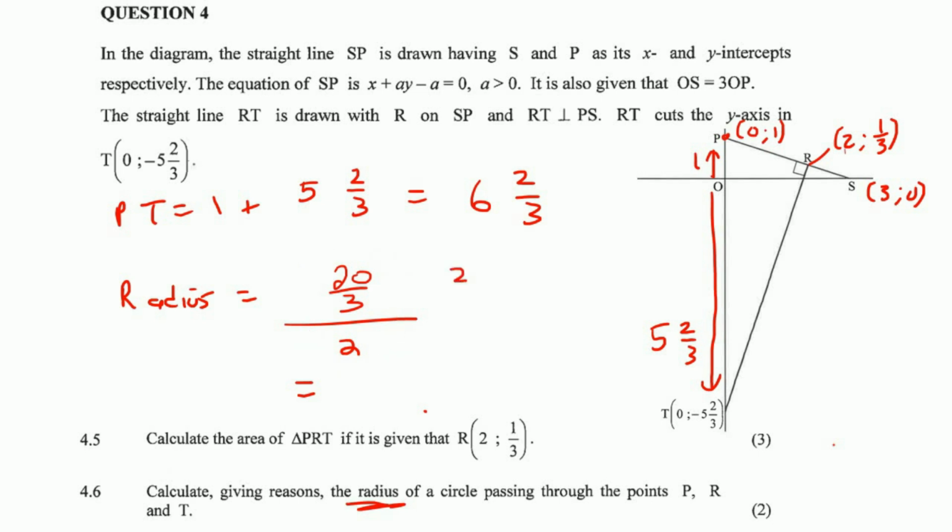Some students type it in like this. See the problem there? The 20 is by itself, and then the 3/2 is the fraction, but it's supposed to be like that. So how do we fix that? Well, what I then tell students to do is rather just type it like this on your calculator. Okay, all these stupid little tricks that we have, but it helps. And so the final answer should be 10/3.